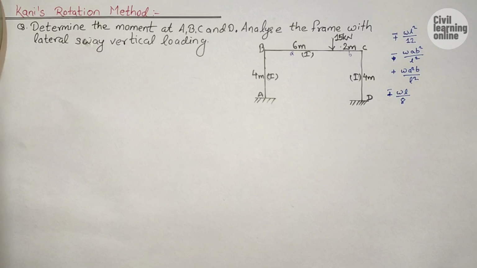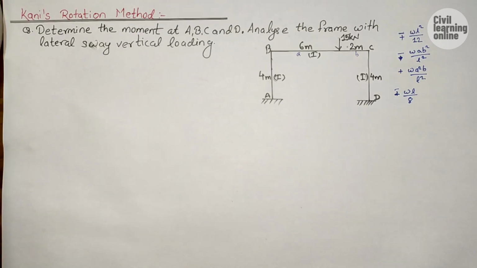Minus means from left to right, and plus for right to left of the span. So guys, let us write down step 1 and calculate the fixed end moment.